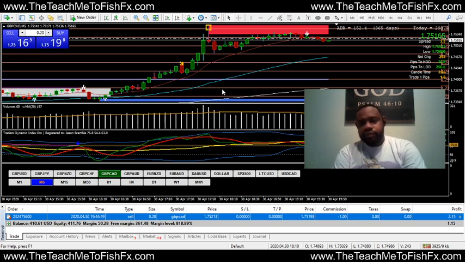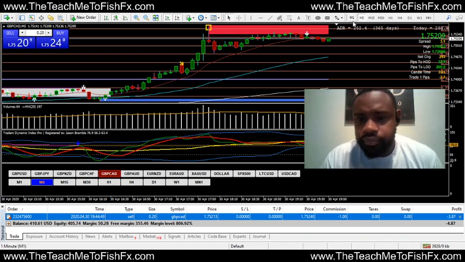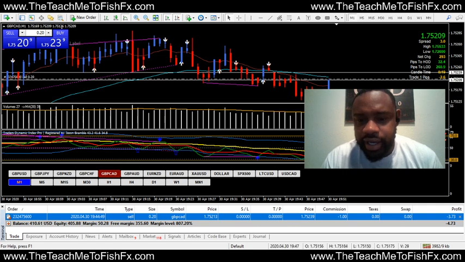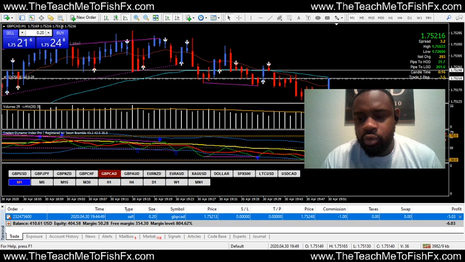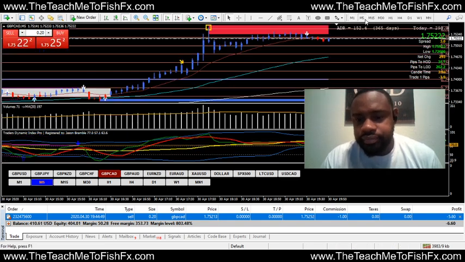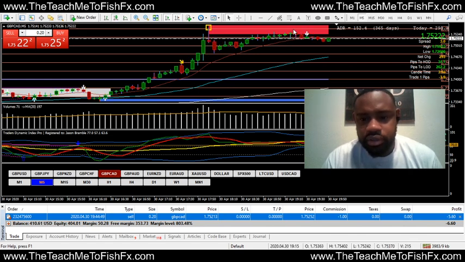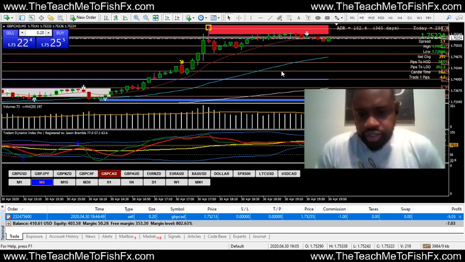Still got 3 minutes left in this candle. I bet the 1 minute is acting up. Yeah, that's what it is. The 1 minute chart has found exhaustion, so it's gonna do its thing. Hopefully it won't go too far up and force me to get out of the trade, but it's part of the game.